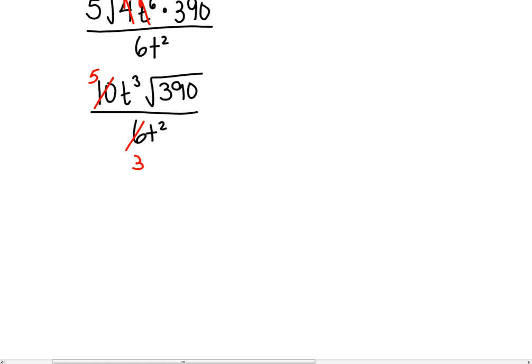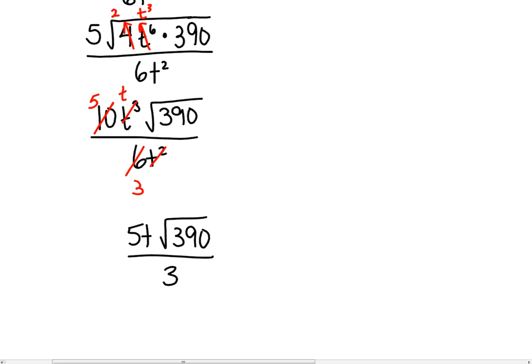The t's, t cubed divided by t squared, is just a t on the numerator. You have 3 on the denominator. You can simplify that just to 5t root 390 all over 3. The last thing we have to do is state a restriction. Okay. This one's fun. Let's look at the original.